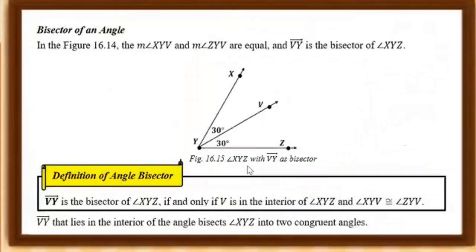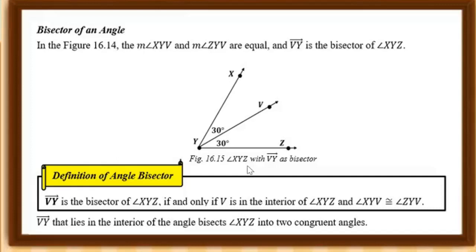We have here the bisector of the angle. So in figure 16.14, the measure of angle XYV and the measure of angle ZYV are equal, and the ray YV is the bisector of angle XYZ. So here is the definition of angle bisector.